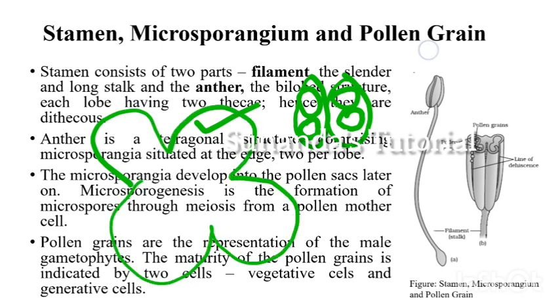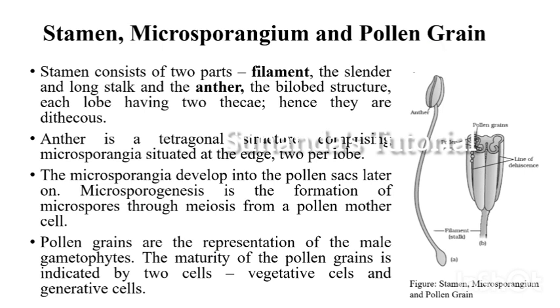The microsporangia develop into pollen sacs later on. Microsporogenesis is the formation of microspores through meiosis from a pollen mother cell. Pollen grains represent the male gametophyte. The maturity of pollen grains is indicated by the vegetative cell and generative cell.